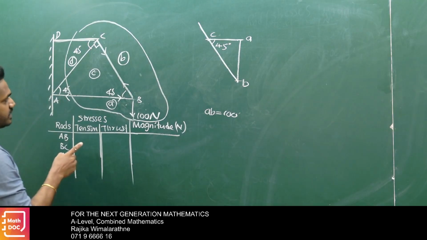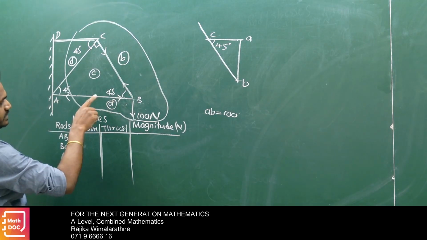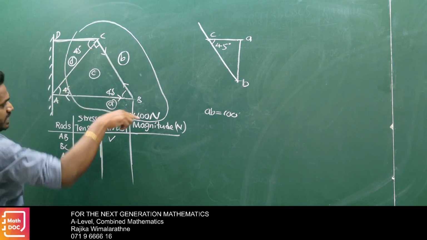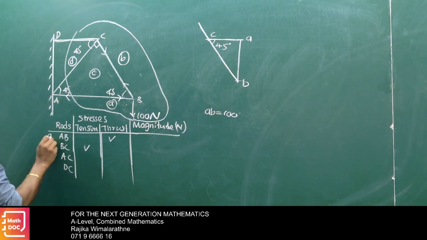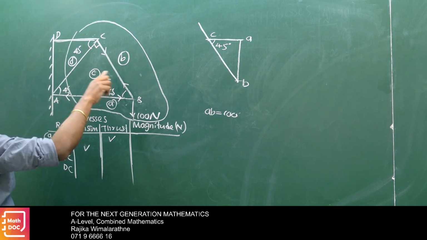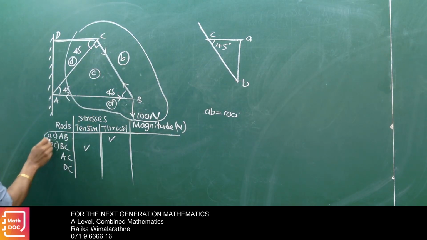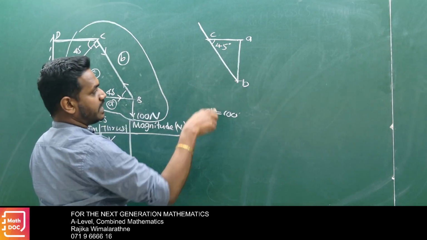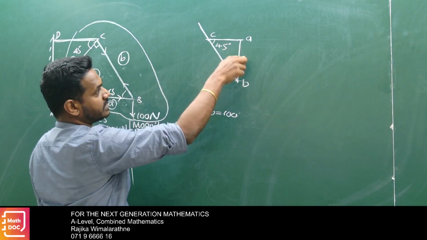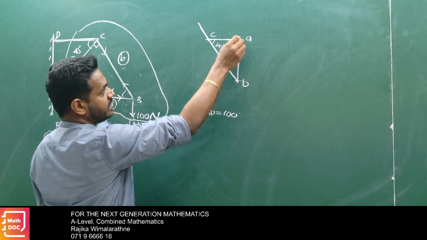At the same time you update the table. AB has thrust, BC has tension. Then AB rod represented by AC, BC rod represented by BC. Then at the same time you'd better find values, no? Then AB 100, then 45 degree means these two sides must be the same, no? Because this is 90.